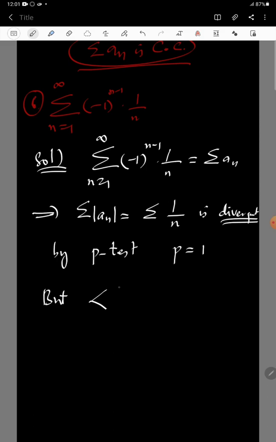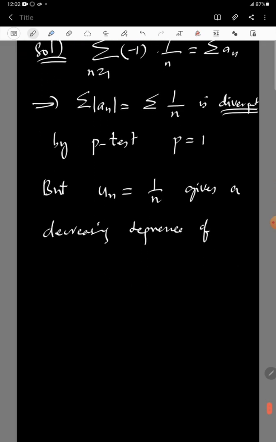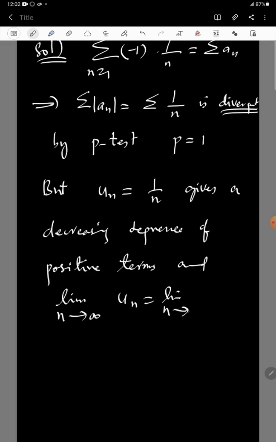But this 1 by n, if I take as un, un is equal to 1 by n gives a decreasing sequence of positive terms, and limit n tends to infinity un is equal to limit n tends to infinity 1 by n is equal to 0.